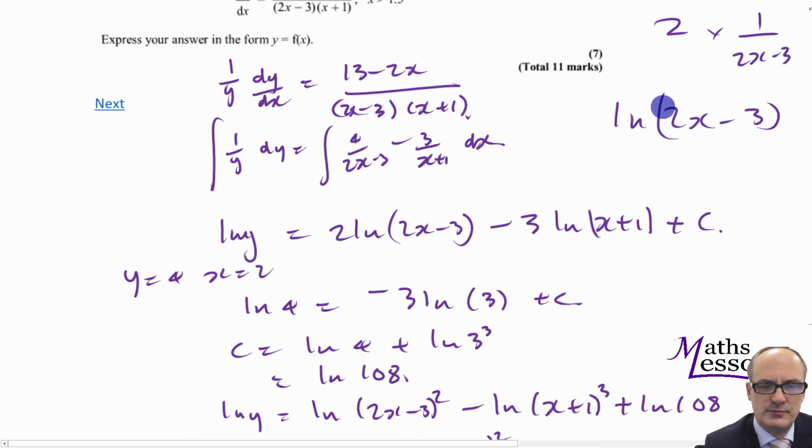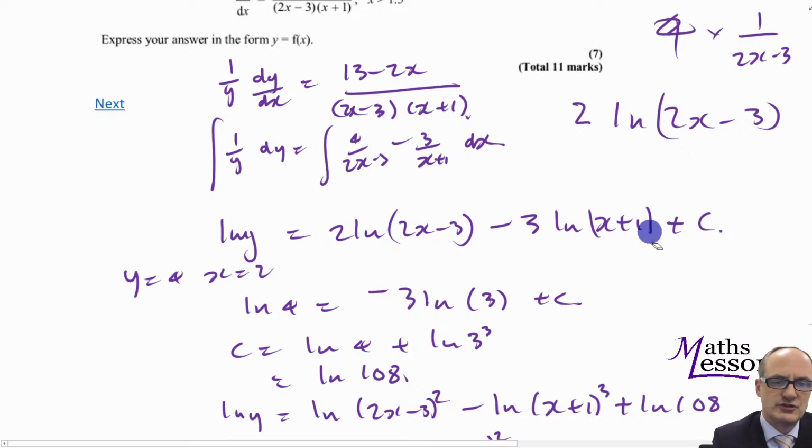This is the u bit. Okay? So you get 2 over 2x minus 3. But we want 4, so we need double that. So therefore, double this will be the thing I differentiate to get 4 lots of that. And therefore, integrating, I only need the 2, not a 4. And it's because of that little 2 there. When you differentiate 2x minus 3, you get the 2 coming out.